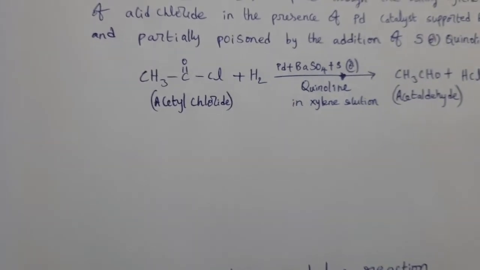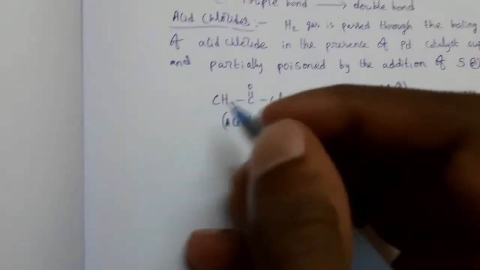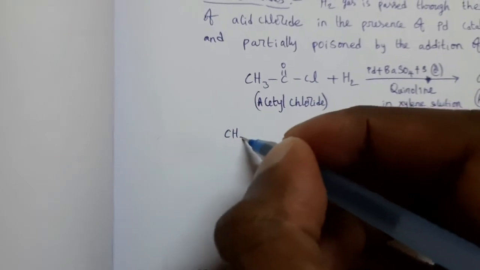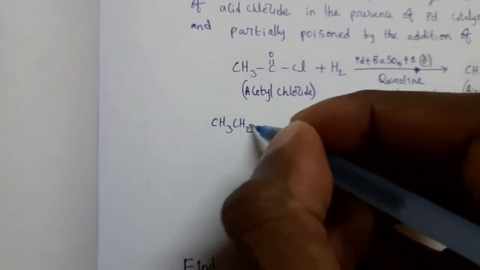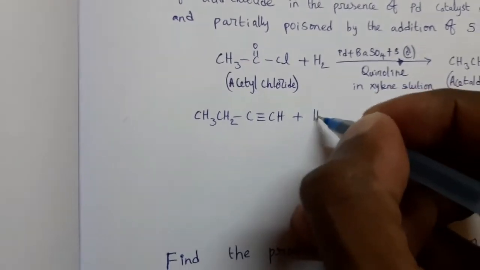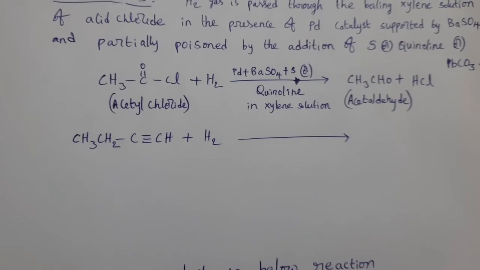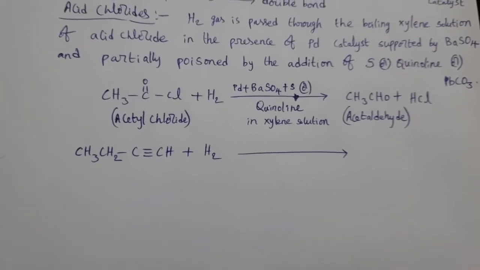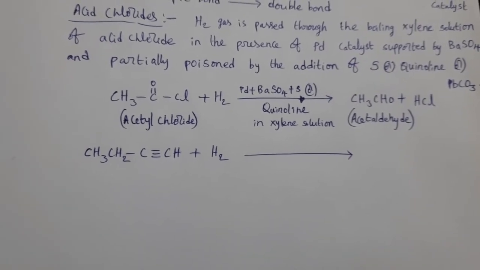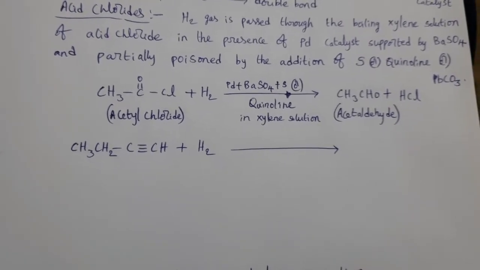Now take an organic compound having triple bond. See here, CH3CH2C triple bond CH. Here there is a speciality for this Lindlar's catalyst. Lindlar's catalyst is used for the reduction of alkynes. Then we can get alkenes in cis form.